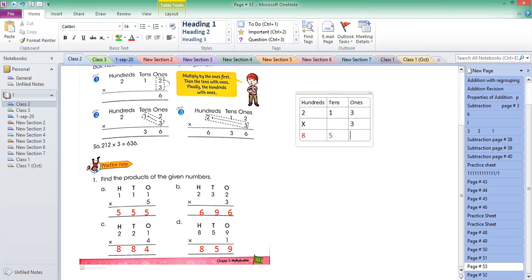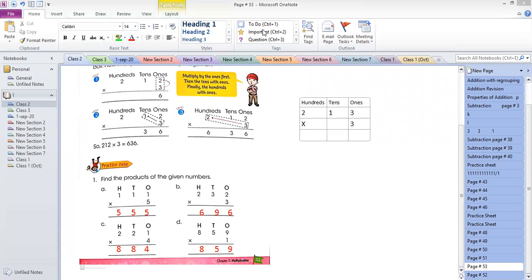Multiply by 3. This is for practice. 313 multiplied by 3.